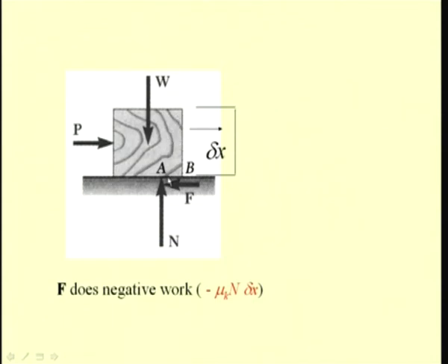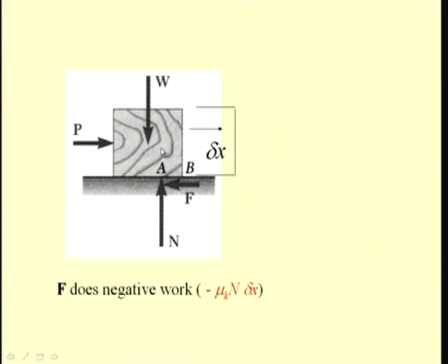The contact has friction and that is mentioned by this force F. This is the normal reaction N to support this weight. Let us assume that this body is under equilibrium.